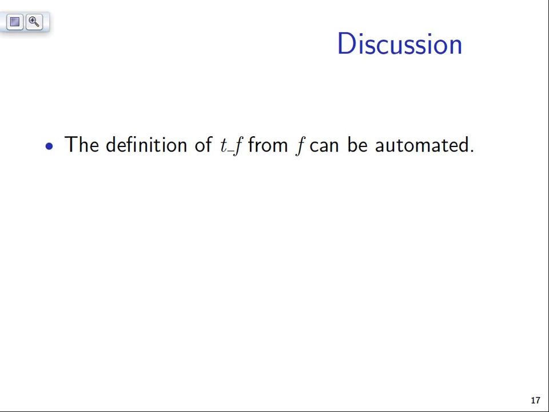And indeed, if somebody is still looking for a simple kind of project, there might even be people looking for a bachelor's project, then in this context it would be nice to do something to automate more of the process. Now, even if you automate the definition of TF from F, there's still the question: if you write some piece of code that takes the definition of F and produces the definition of TF, is that code correct?